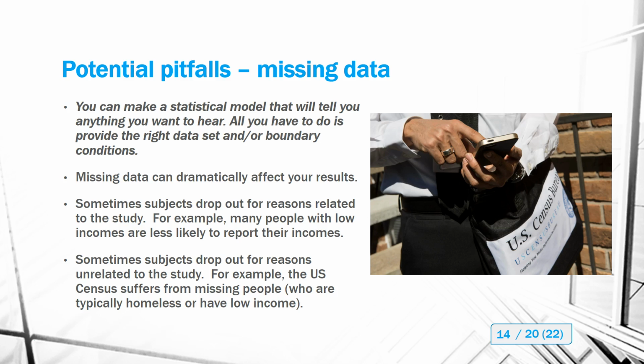And then, of course, sometimes, and this is very true in the world of surveys, and especially the U.S. Census is infamous for this, sometimes you don't get all the people that you want to get in your data set. Okay? I say the U.S. Census is infamous for this because not everyone that should be included in the census is included in the census. One of the most underrepresented groups in the census are people who don't have a home or people who have low income.